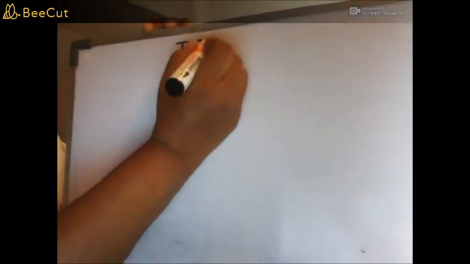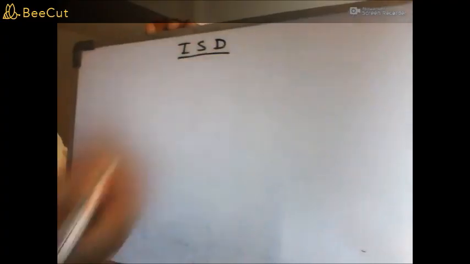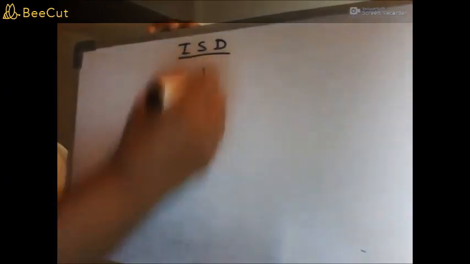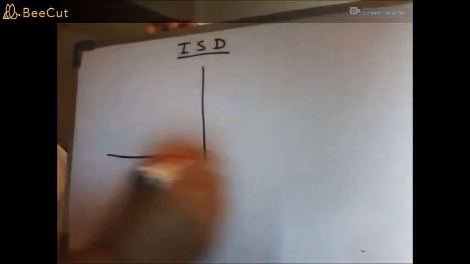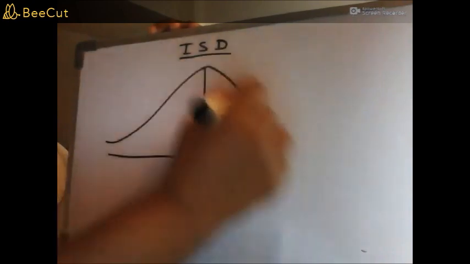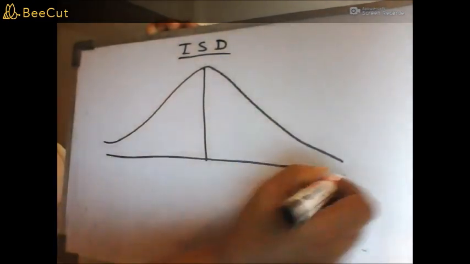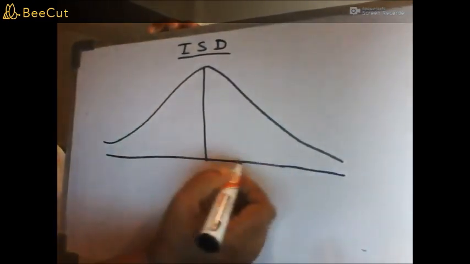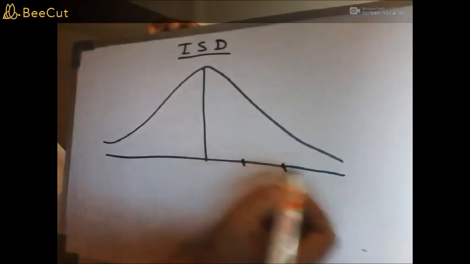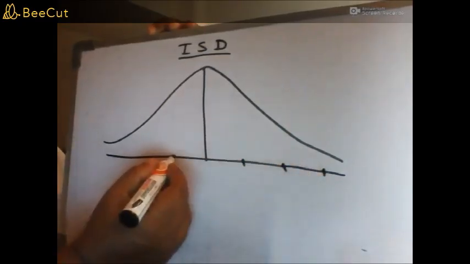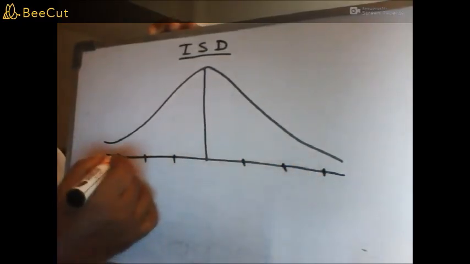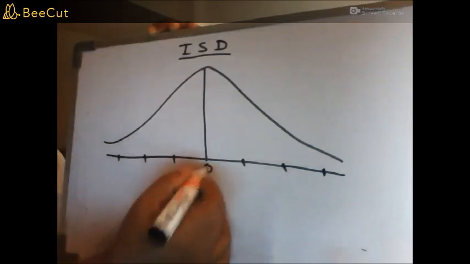Next one, ISD, cumulative probabilities. Now in the curve, I said it's a 6-point scale, 6 points, not 100. 3 standard deviations above, 3 standard deviations below the x bar.